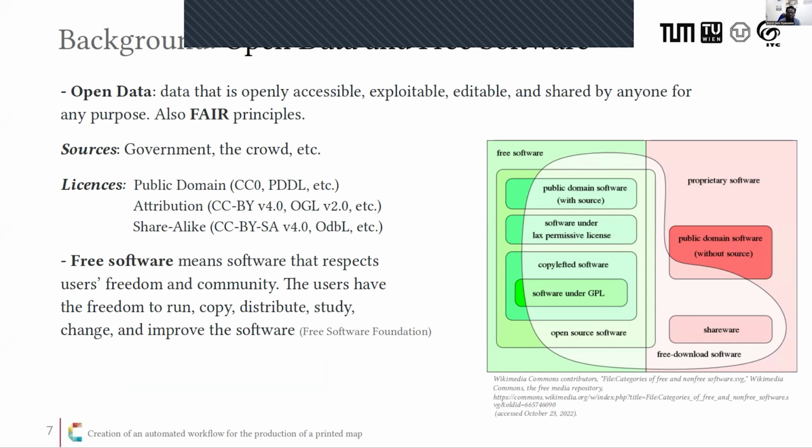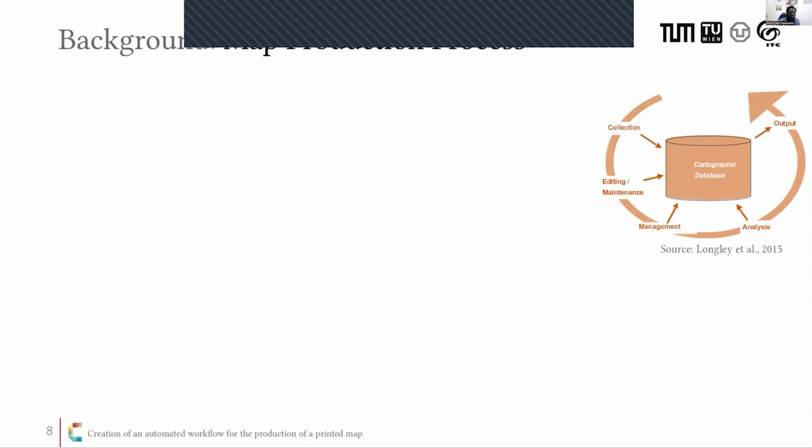Generally, data or software all boils down to licenses, and these licenses describe whether the data is open data or the software is free software. From this slide, you can see a photo I copied from the Free Software Foundation, which describes which software falls in the free category and which falls in the proprietary category.